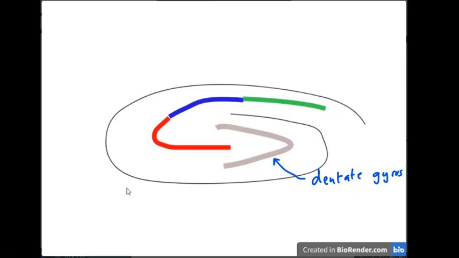And we have regions CA3, CA1, and an area called the subiculum.